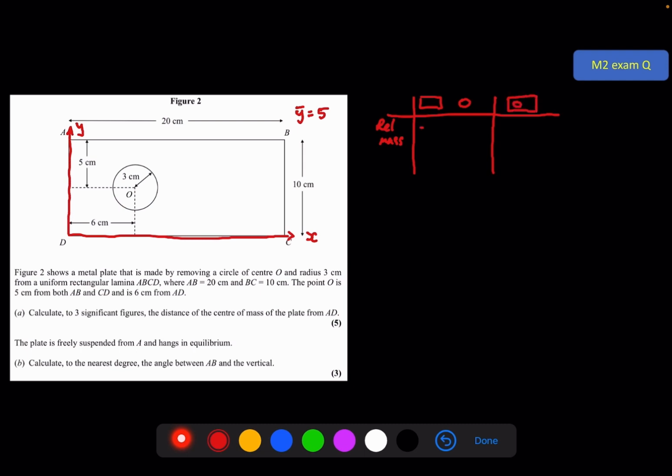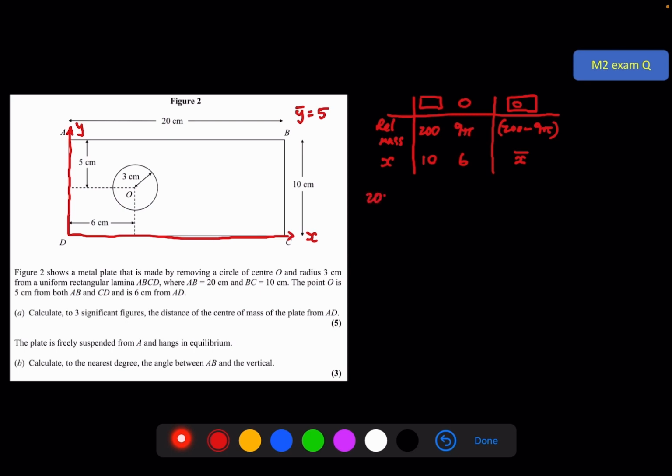20 times 10, 200, and here we've got a radius of 3, so that's 9 pi. 200 minus 9 pi. Then we need the x-coordinate of the center of mass of the rectangle is 10, and of the circle is 6. Here, x bar.